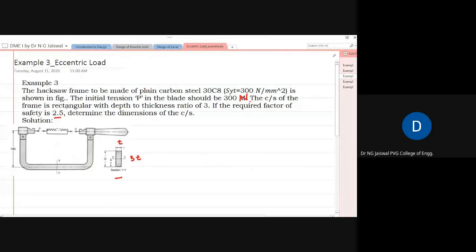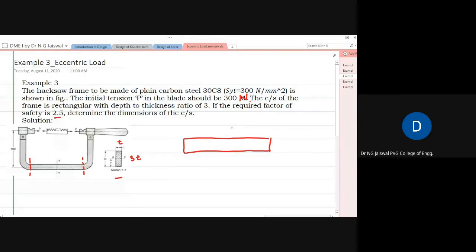Force is here. Now what does try to solve mean? What do you have to actually find out? This is the cross section under consideration. I am just taking out this much portion for my convenience. And now the force is somewhere here. Right?